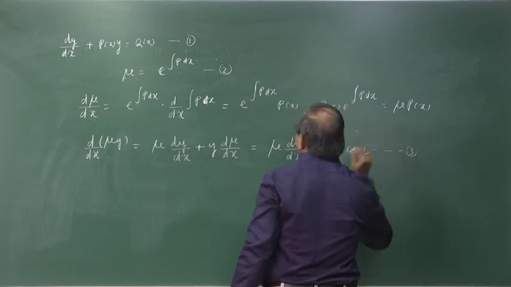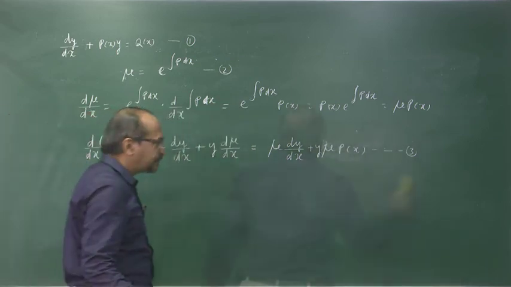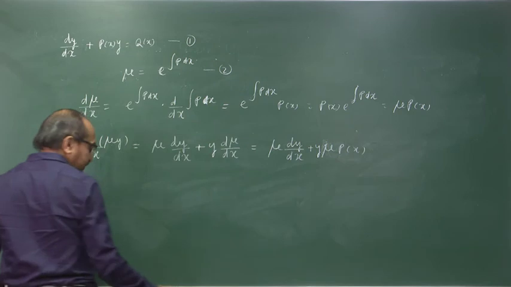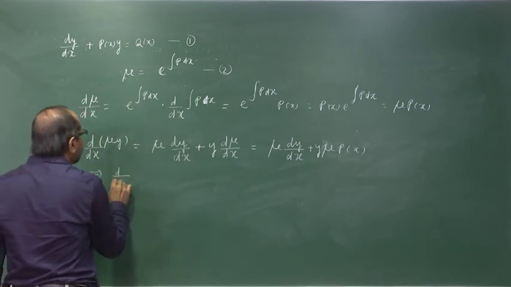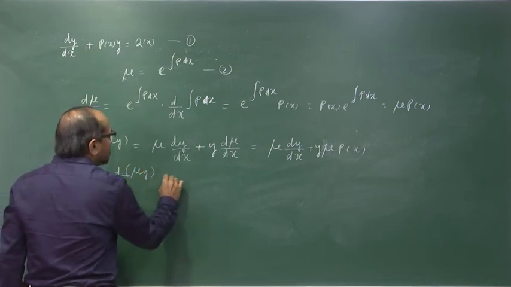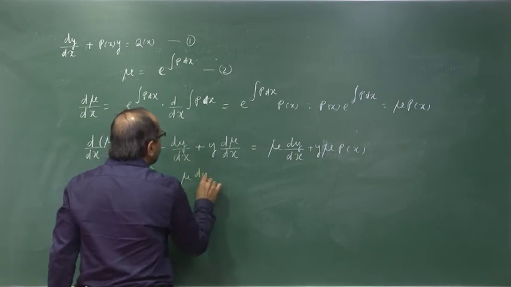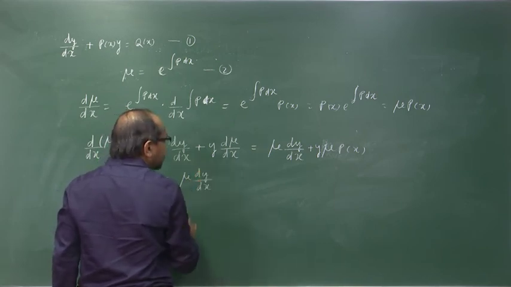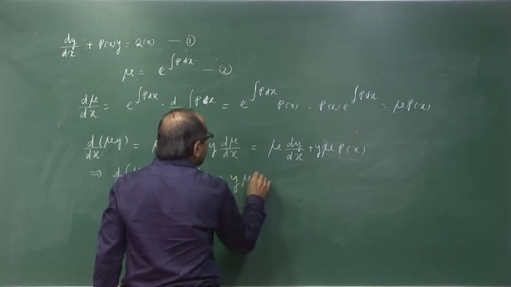This is equation 3. So our equation 3 is, let us write it in another step. This implies d/dx of μy is equal to μ dy/dx plus yμp(x), equation 3.